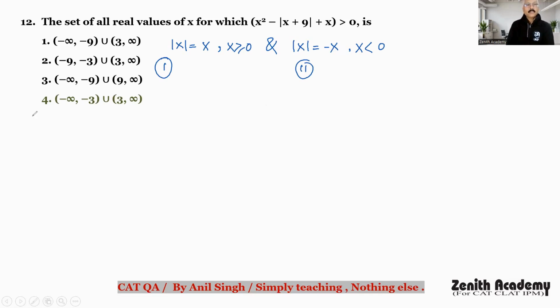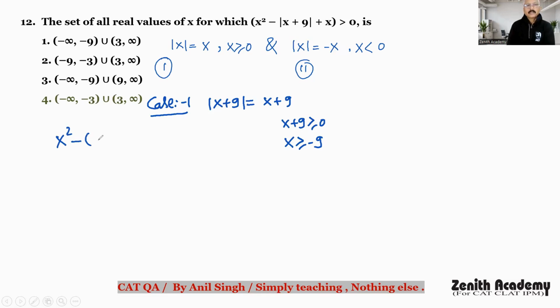Take case 1. Here mod of x plus 9 is equal to x plus 9, where x plus 9 is greater than or equal to 0. So x must be greater than or equal to minus 9. In this case, x square minus x plus 9 plus x is greater than or equal to 0.